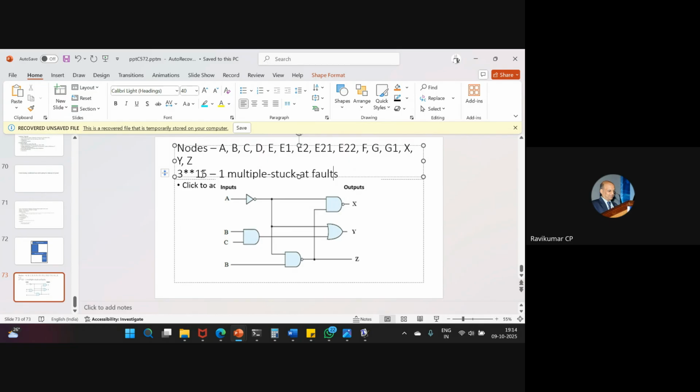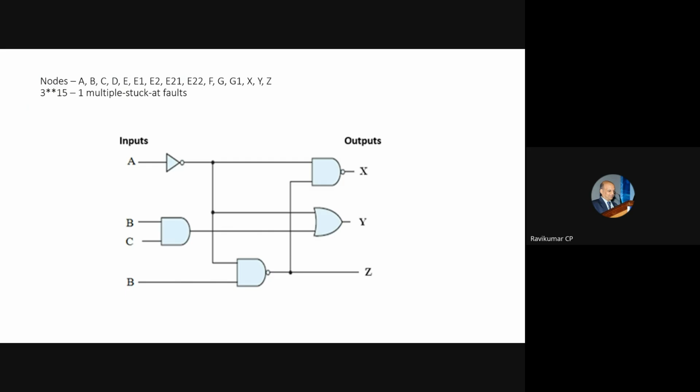But this is too much, right? We can't possibly use this fault model. It is impractical. So what do we do instead? What is a better fault model to use? Single stuck at fault. We have each line can be either stuck at 0 or stuck at 1.